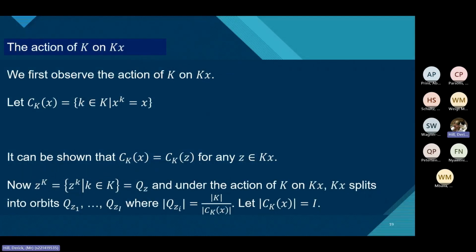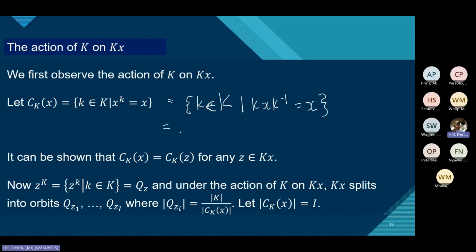So as I said, we first look at the action of K on Kx. If we let CK(x) equal the stabilizer of x in K, we can actually do some maths here and change this. Since we have conjugation as our action, this is the same as saying kxk^-1 equals x.